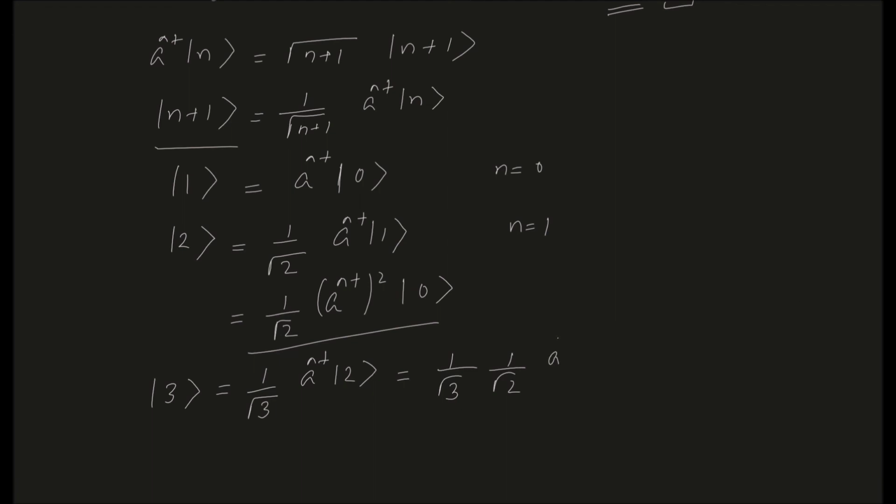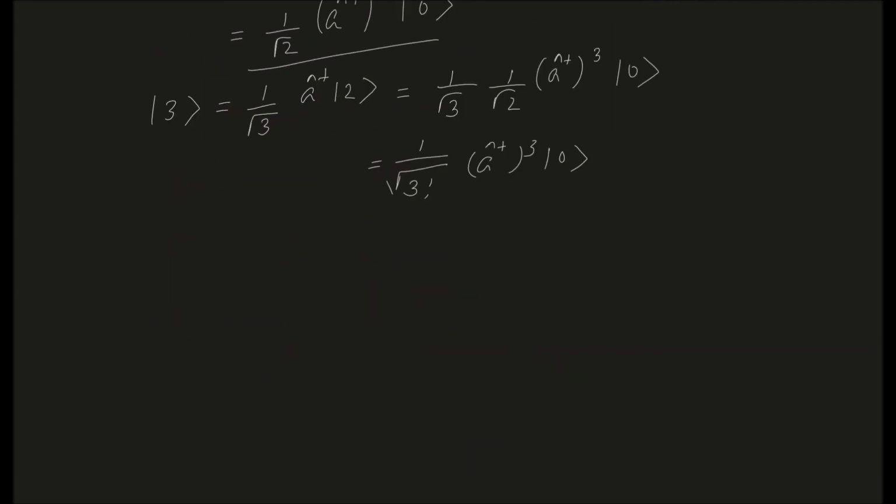So I will get one more a dagger, 1 by root 2, a dagger cube acting on 0. So this is the same as 1 by root 3 factorial, a dagger cube acting on 0.